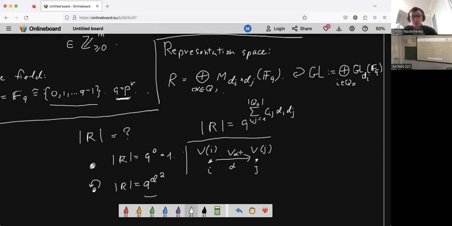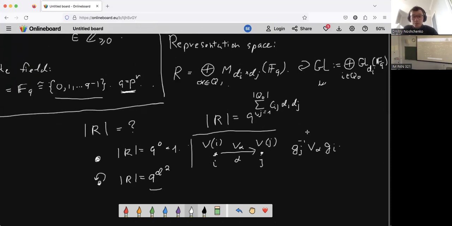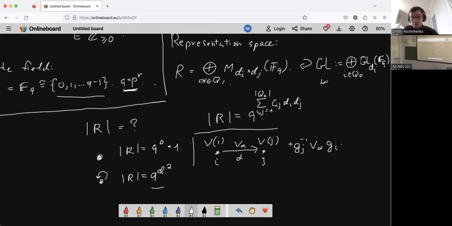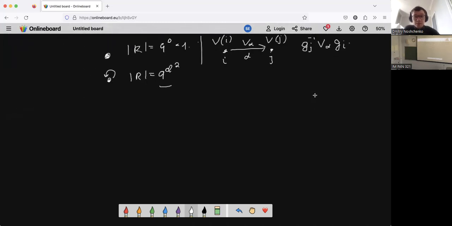So here V_alpha denotes the linear map between V_i and V_j. And GL acts on V_alpha just by conjugation. So we have the element G_j inverse V_alpha G_i, where G_i and G_j belong to GL. So this is the action by conjugation, and now maybe what we can do is compute the size of this group GL.